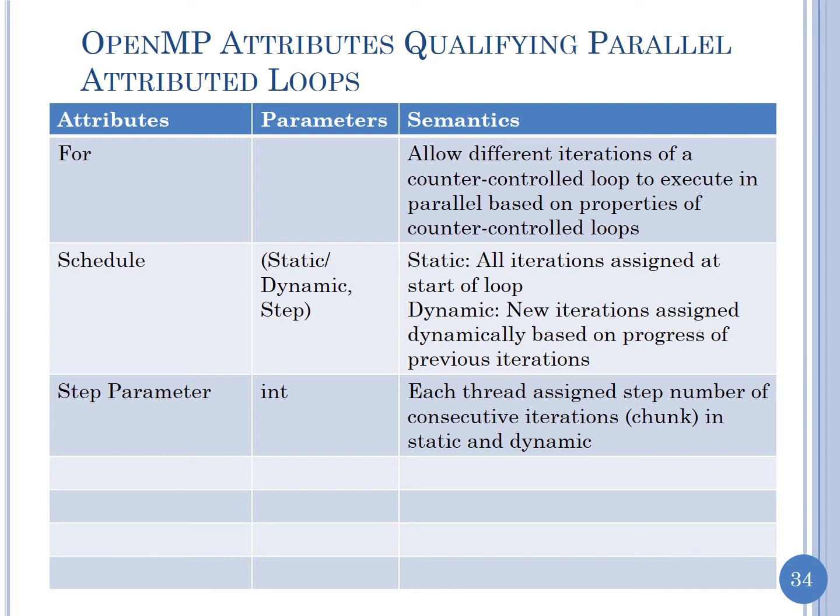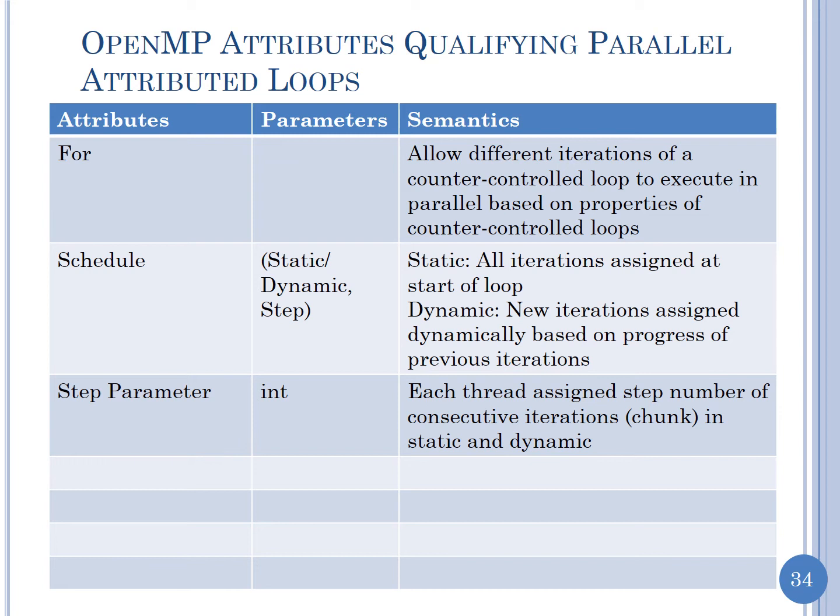What I'm showing you here are attributes that we assign with a for loop. I talked about attributes assigned to general code. This is for loops, and for loops you can say this is a for, and that's all we said so far, for and parallel. Now we can say schedule, and we can say static or dynamic.